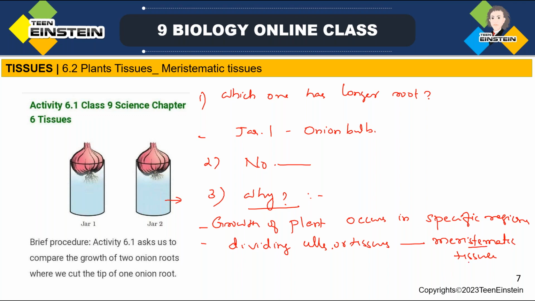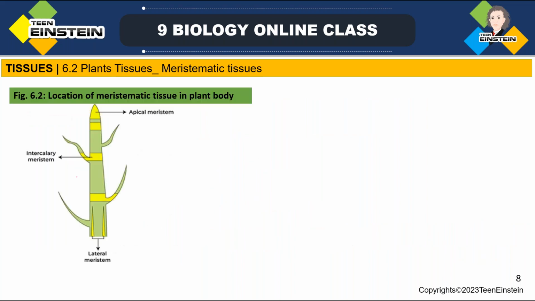And these meristematic tissues you cannot see all over the plant body. They are located in specific regions or specific points. So depending upon the regions where they are present, meristematic tissues are classified. Here see the location of meristematic tissues in the plant body.